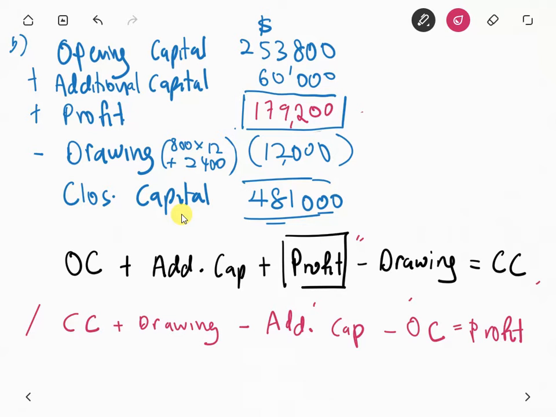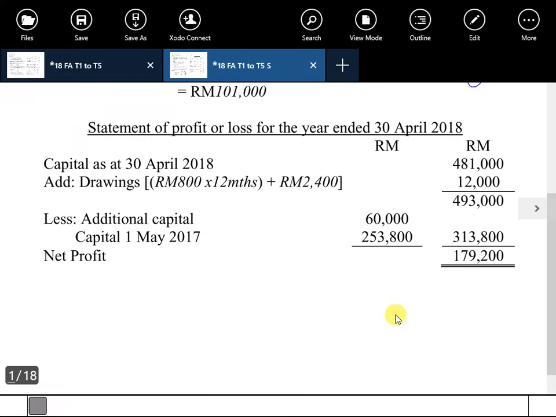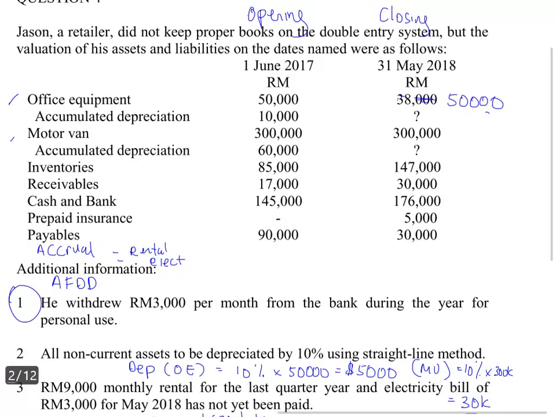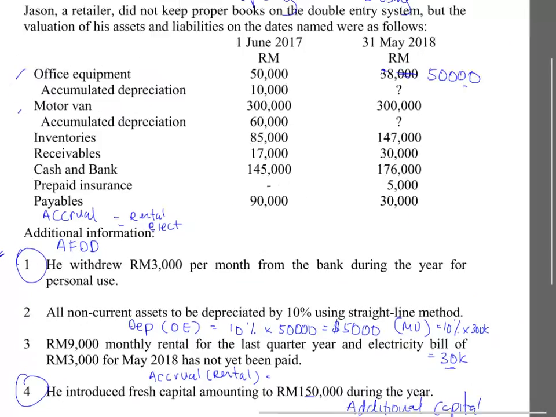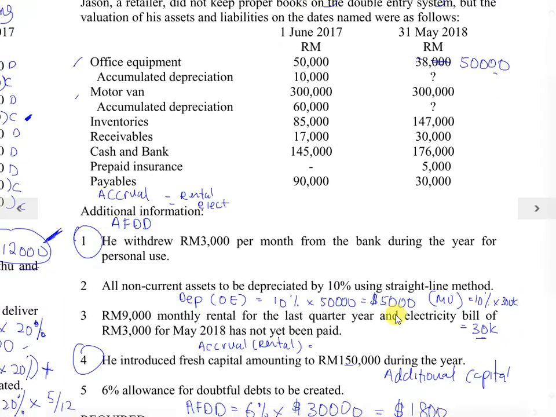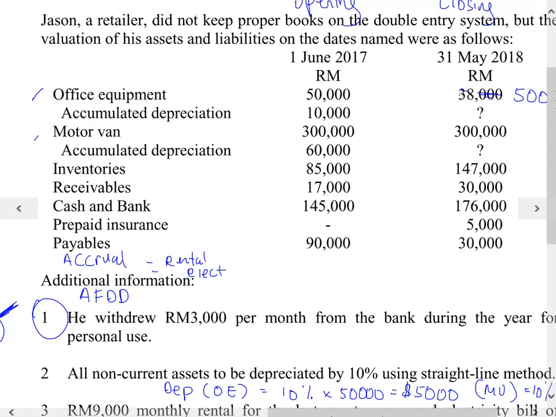Question 4. Question 3 done. Okay, change the answer for question 3, 38 to 50.